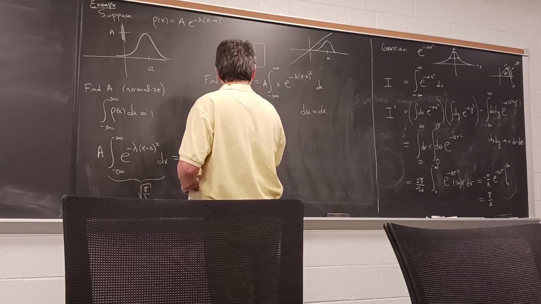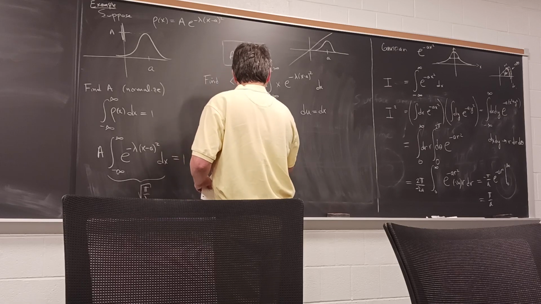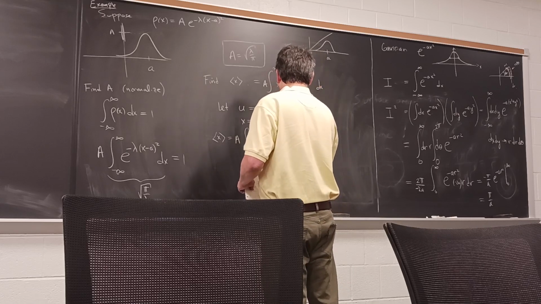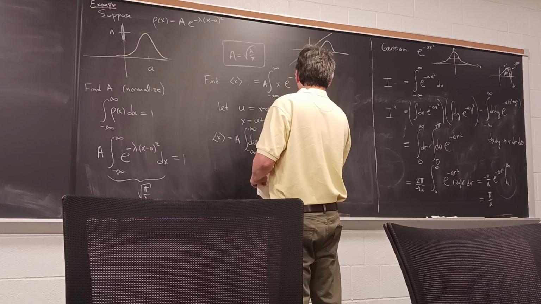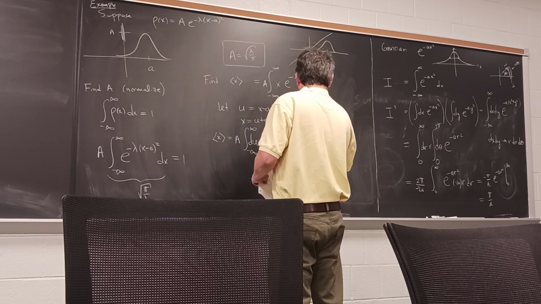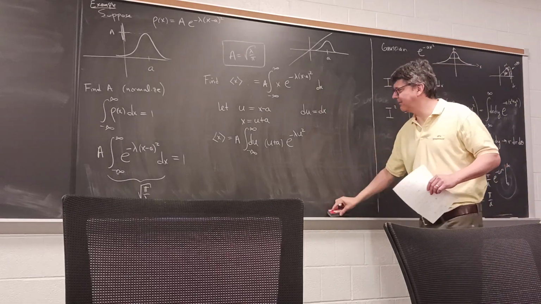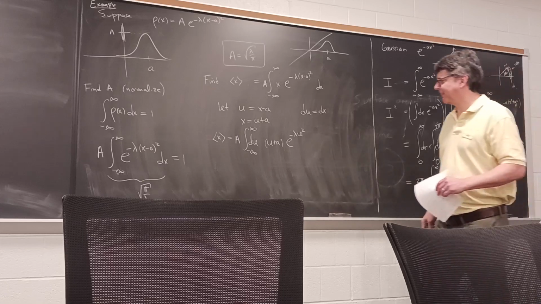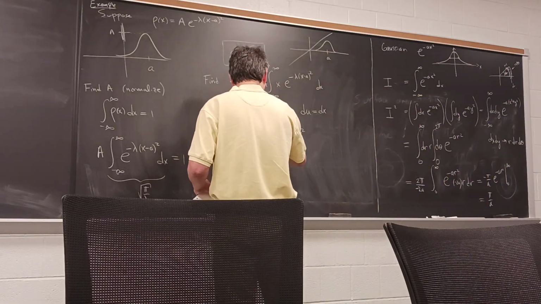So the expectation value then is, the limits are the same, so we're just integrating over du now, but now we have u plus a times e to the minus lambda u squared. Okay, so what's the first one?